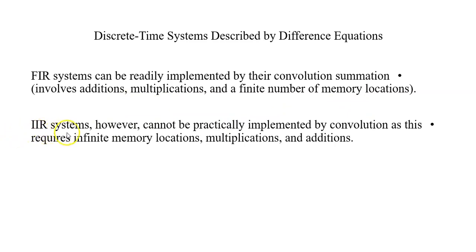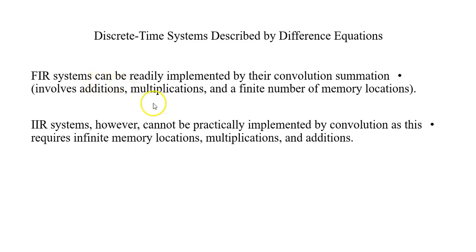We will talk about their design, and infinite impulse response design, later. The infinite impulse response system, however, cannot be practically implemented by convolution, as this requires infinite memory locations, multiplications, and additions. As you know, for convolution we have 3 main operations, or 4: reversing, shifting, multiplication, and addition. And this is for limited input durations or data.